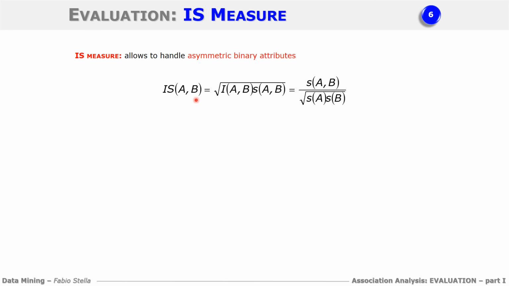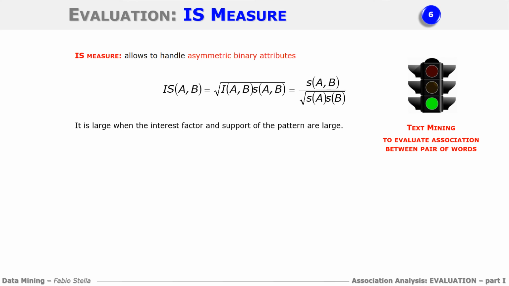IS of AB is equal to the square root of I of AB times S of AB, where I of AB is the interest factor of the pair A and B, while S of AB is the support of A and B. This can be rewritten as the ratio of the support of A and B to the square root of the product of the support of A times the support of B. It is large when the interest factor and support of the pattern are large.